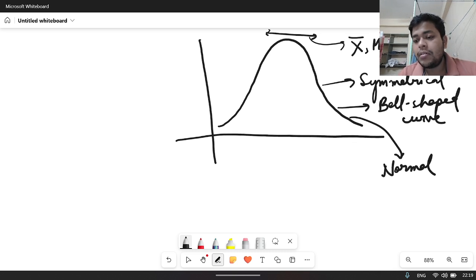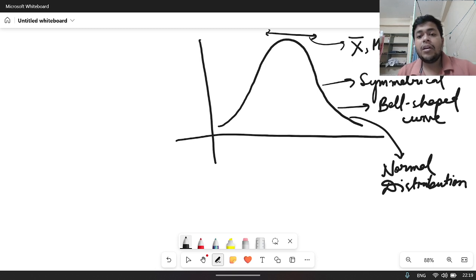These are the two axes. Now, in relation to this normal distribution, I'll tell you a rule.